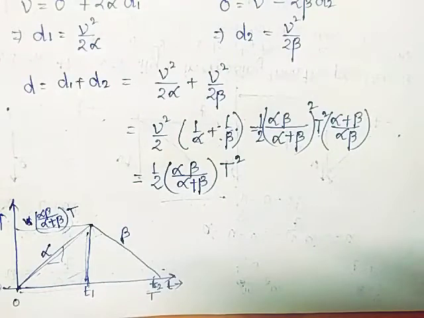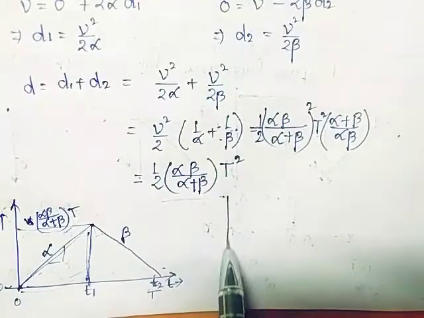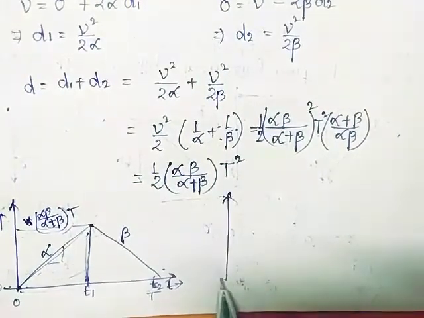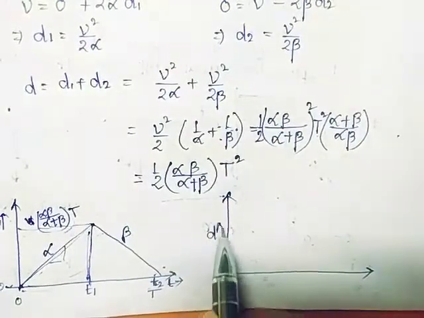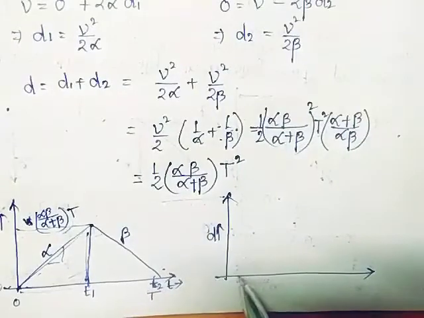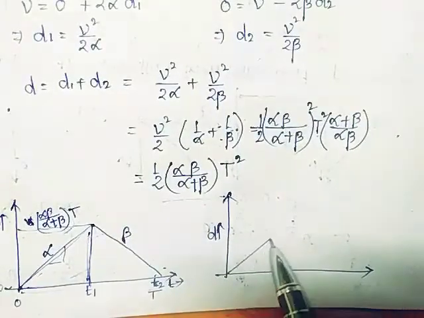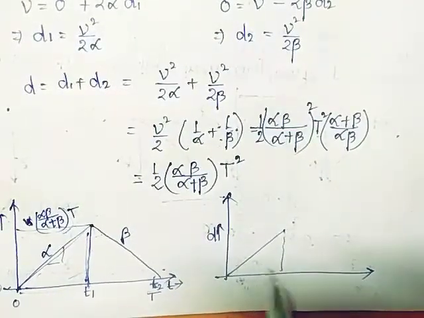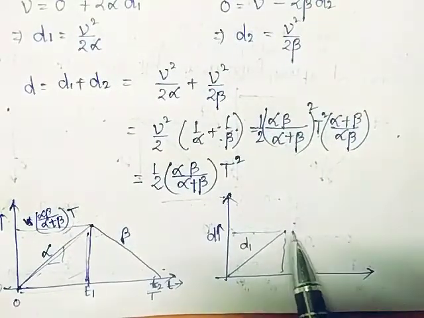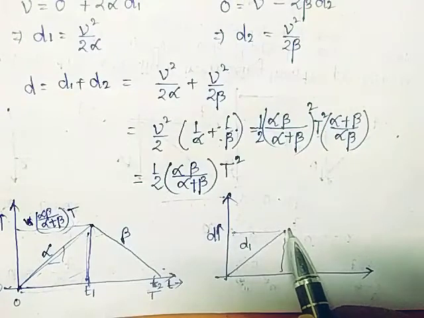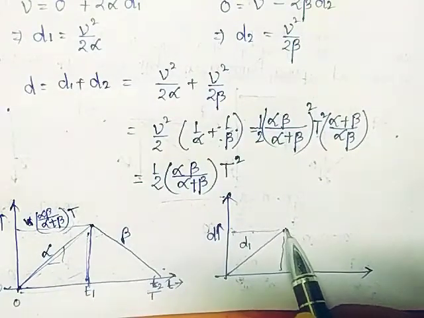Now if I draw the displacement versus time, or we can say the distance versus time, obviously it starts from here and reaches d1. The velocity may be 0, but the distance is not 0; the displacement that has occurred is not 0.